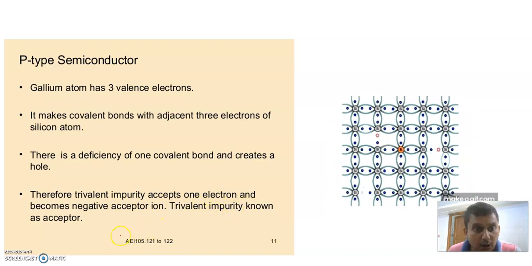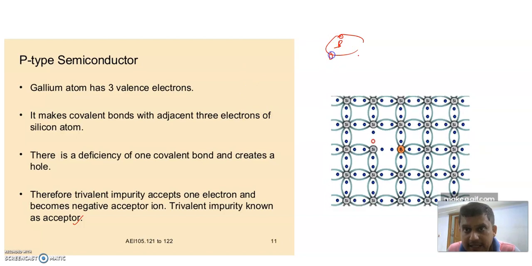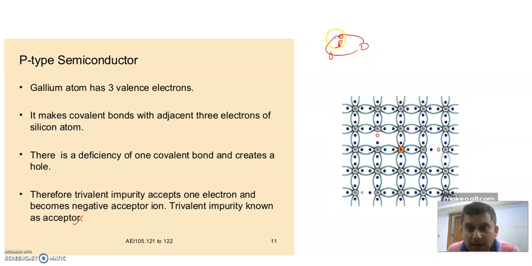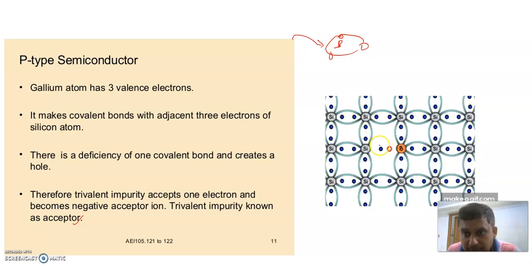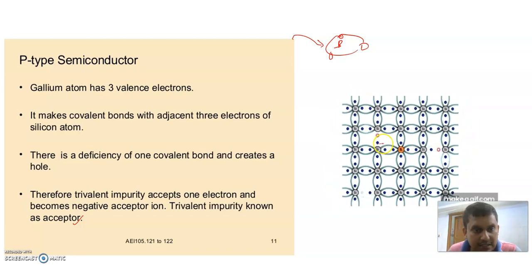A trivalent impurity is also known as an acceptor. Suppose this is boron, with only 3 electrons in the outermost shell. To complete the covalent bond, it requires 1 electron, so it accepts 1 electron. That's why its name is acceptor, and it is called a negative acceptor ion.